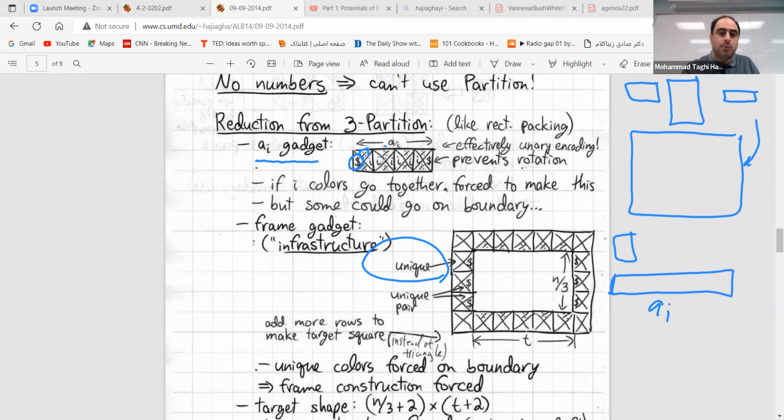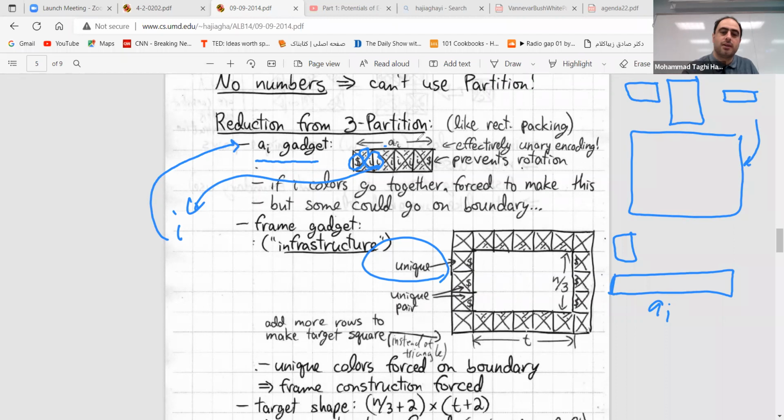Now, the main important thing is this color I. We have a color I which is unique to this AI. This makes sure that there is no other square of color I, so the only way these squares can match together is this way.